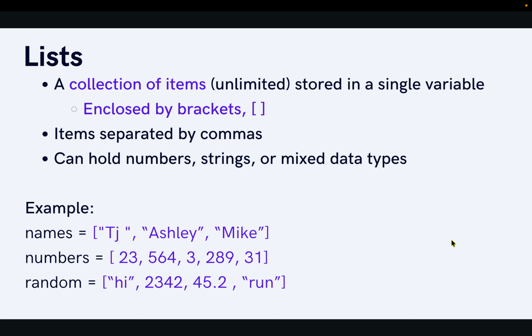And random is an example of a list where you do not necessarily have to keep the data type the same. You can have multiple data types inside of lists. In this case, it has strings, integers, and floats. So it doesn't matter what the contents are as long as it has brackets around it. A list can be very useful when you're trying to store or do various things, which I will show you in a second.